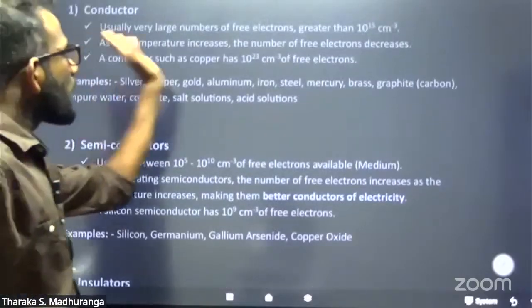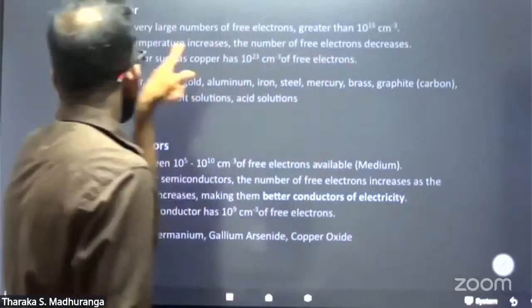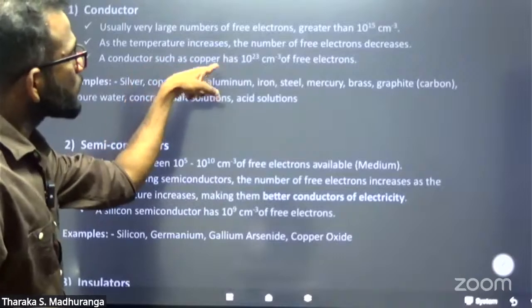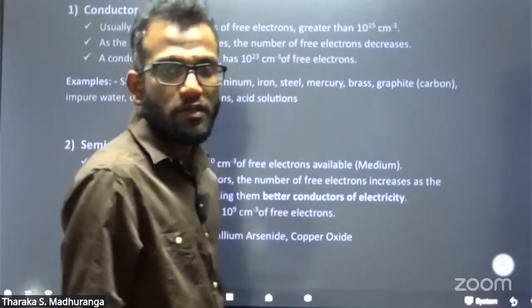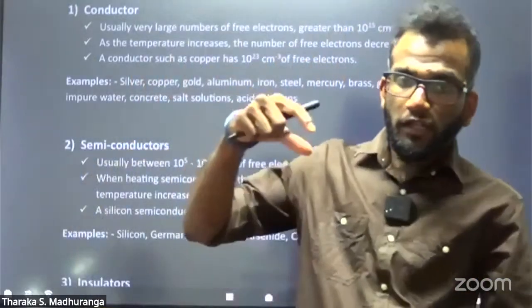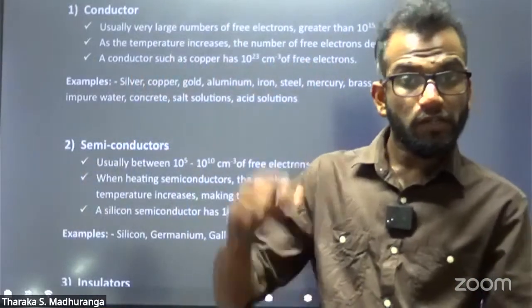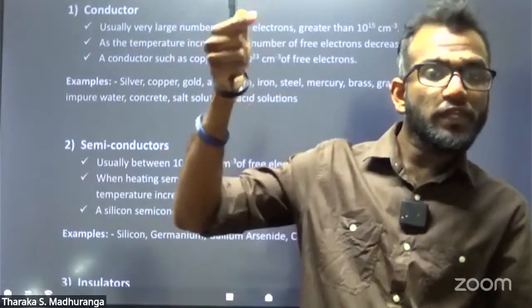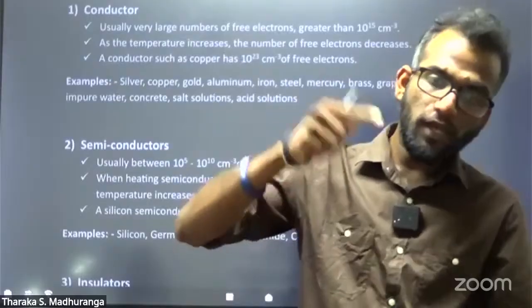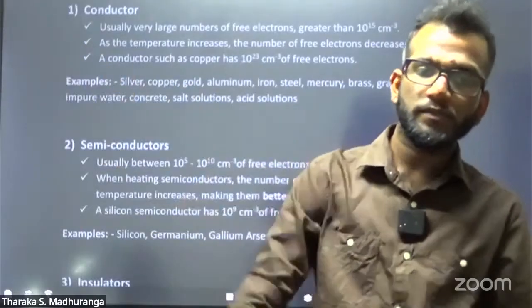Now, I have given a conductor such as copper. It has 10 to the power 23 free electrons within 1 cubic centimeter. You can imagine what this value is: 10 to the power 23, that means 1 followed by 23 zeros.